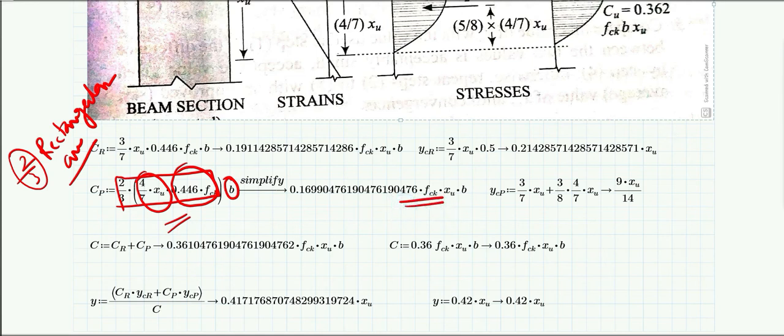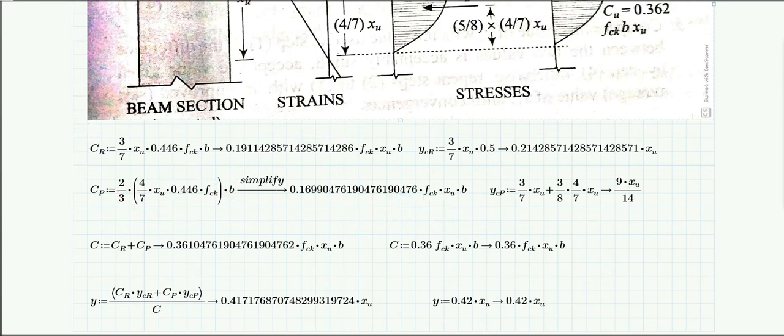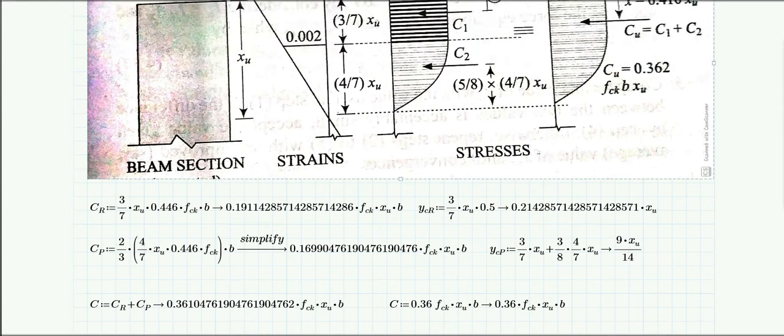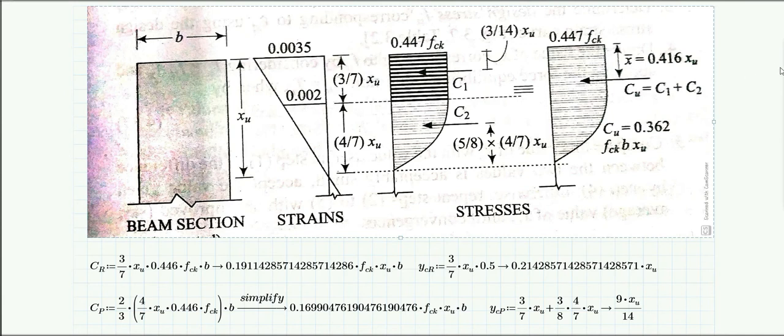And where is this particular force going to act? For a parabola, the centroid is at a certain distance.